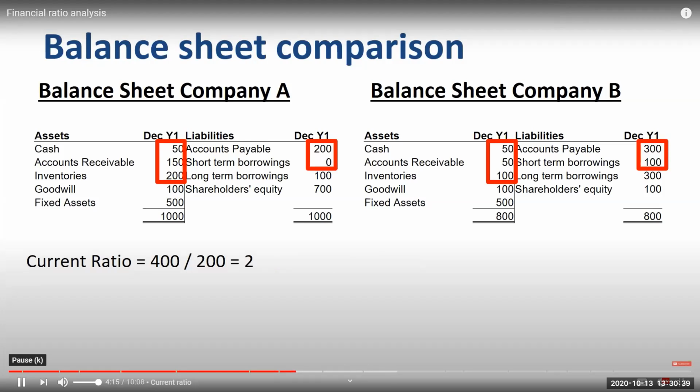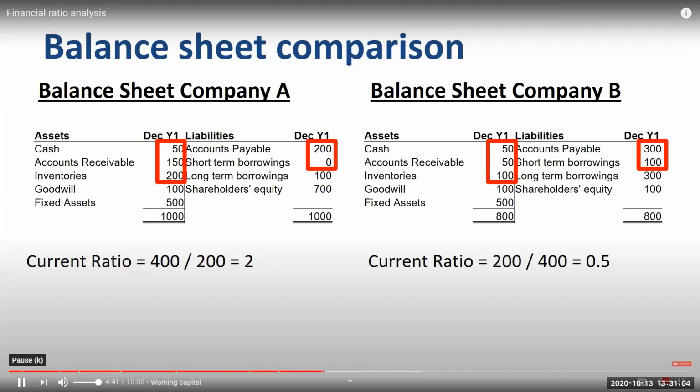For every dollar of current liabilities, there are $2 of current assets, a safe position from the perspective of business continuity. For Company B, 200 divided by 400 is 0.5. For every dollar of current liabilities, there is only 50 cents of current assets, a more risky position for a supplier that is hoping to get paid.